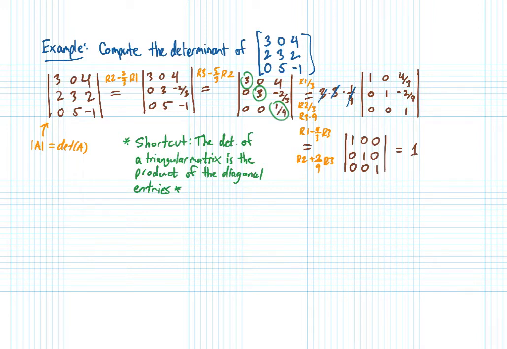And actually, if you look at what happened in the rest of the calculations, you can see why that's true. We effectively pulled out the 3 and the 3 and the 1/9 in the next step. And then in the following step, we used an operation that doesn't change the determinant to produce the identity matrix. This sort of thing is what would always happen once the matrix is triangular, and that's why the shortcut is valid.